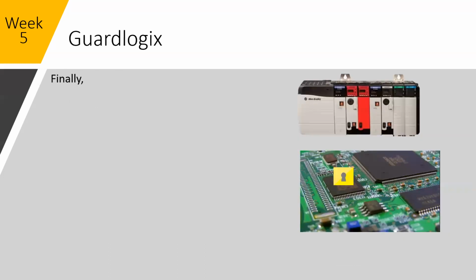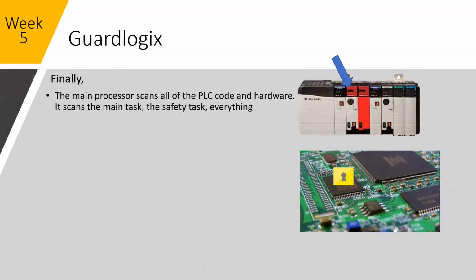So if you have a GuardLogix controller, the main processor will scan everything. So it'll run just like the normal processor. It'll do its main task. If you've got periodic tasks, it'll do those. And then it'll do the safety task, just like the normal PLCs.